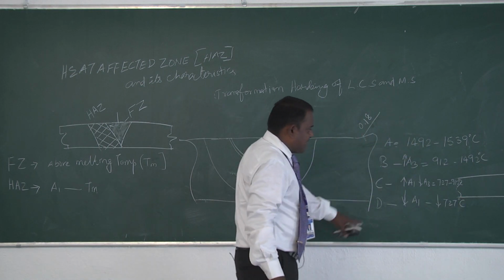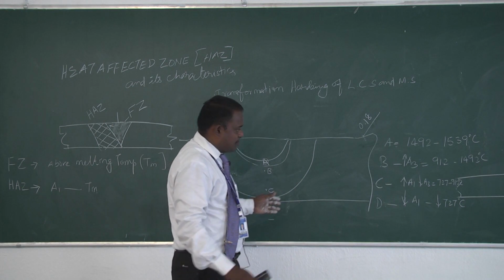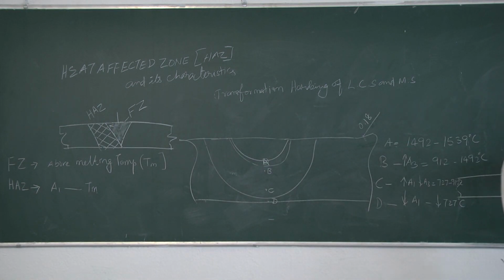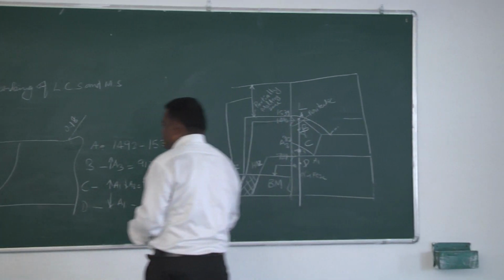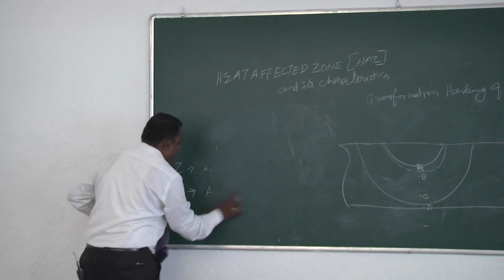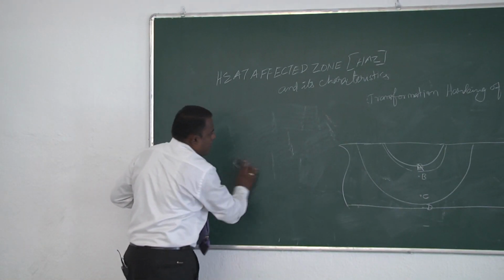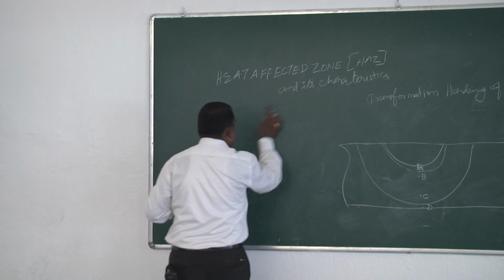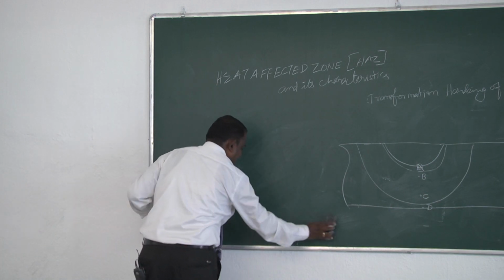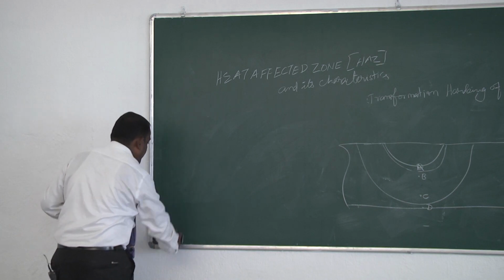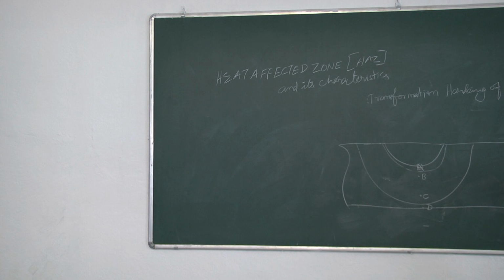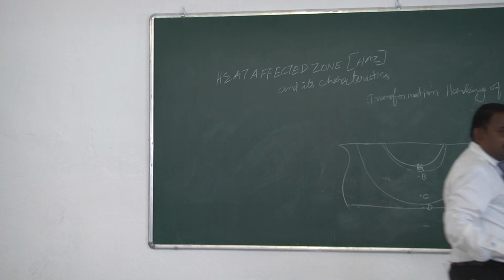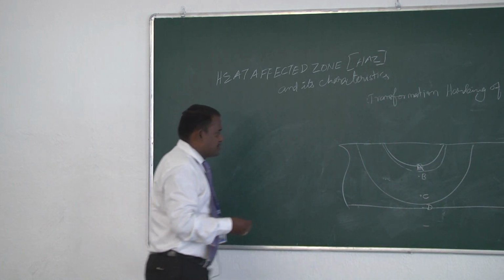Now with this temperature range, one can predict the initial microstructure during heating and cooling. So with the aid of this diagram and the iron carbide equilibrium diagram, one can understand the initial microstructures of those regions.